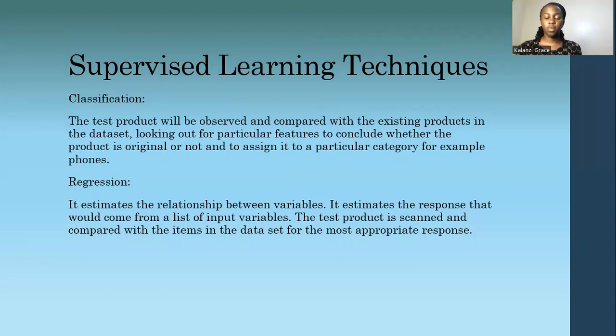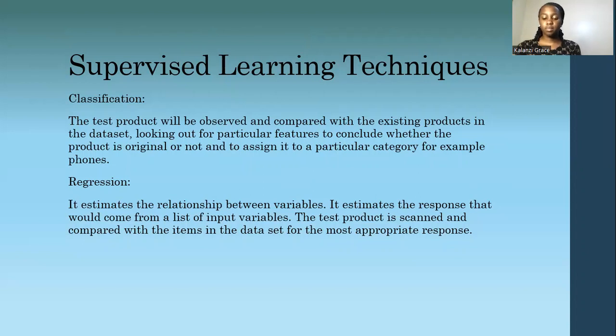For example, if you give it a four-legged creature, and it's trying to see, okay, now I have a four-legged creature, then it goes into the output and it's like, okay, this is actually an animal. So yeah, it's more like estimating a response.